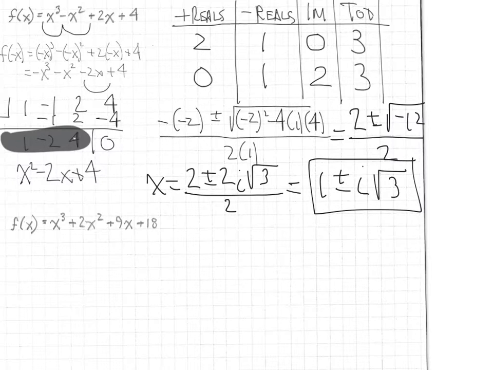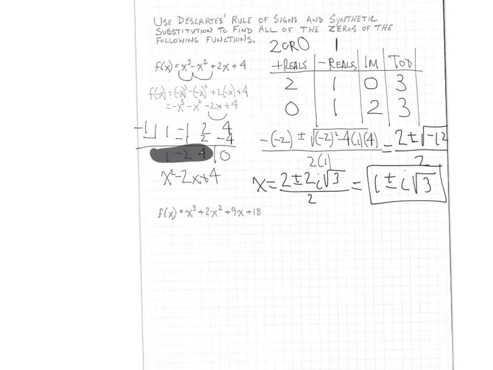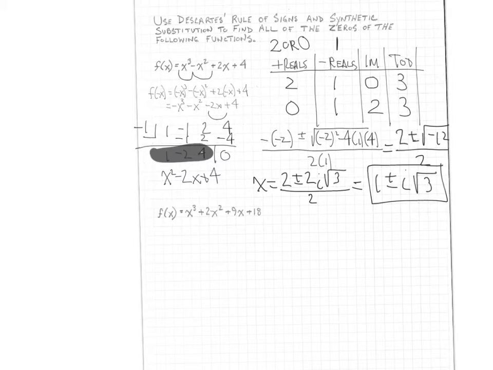There's our two imaginary solutions. Our other solution was negative 1 because it gave us a 0 remainder. So there's our three solutions: negative 1, 1 plus i radical 3, and 1 minus i radical 3.